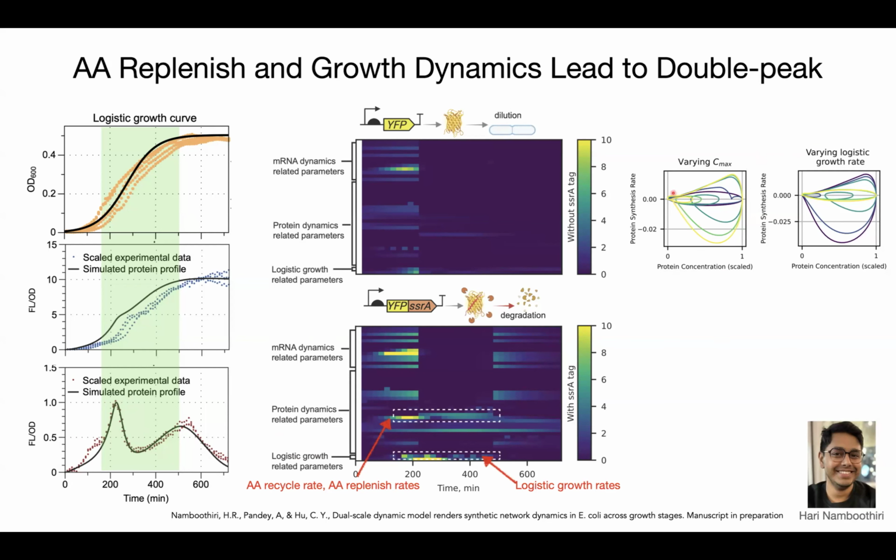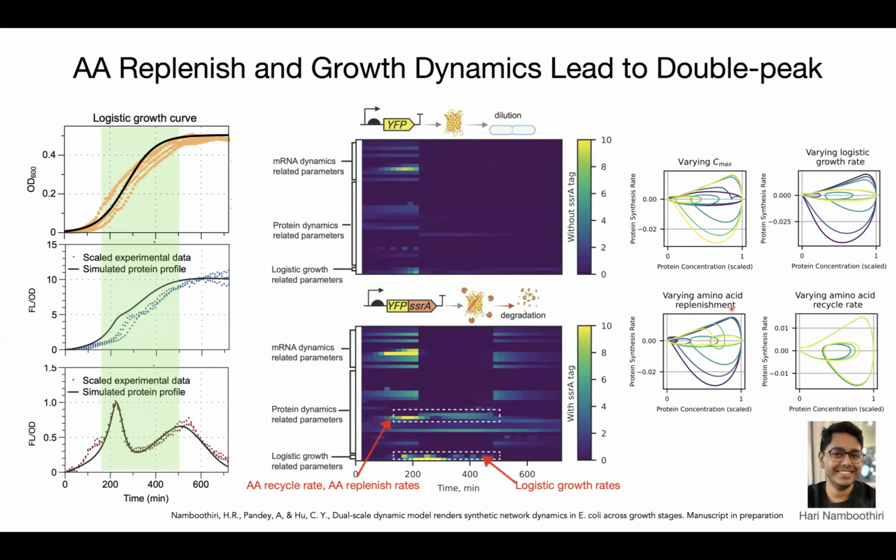Outside of this zero origin, if it crosses this line 3 times, that means we have this dynamics. We then show that if we vary Cmax, which is how many cells you're allowed to grow inside of the well plate, this double peak dynamics could disappear at one point. The same goes for varying the logistic growth rate.